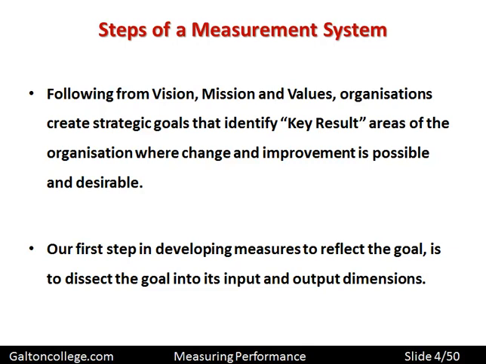The company is the mechanism, the organization is in between the inputs and the outputs. The company is the institution that transforms the inputs into the outputs. So what we need to do is to dissect the goal into its input and output dimensions, to break it up into its input and output dimensions. So that's our step one. That's what we're going to look into. It's our first step in this particular video.